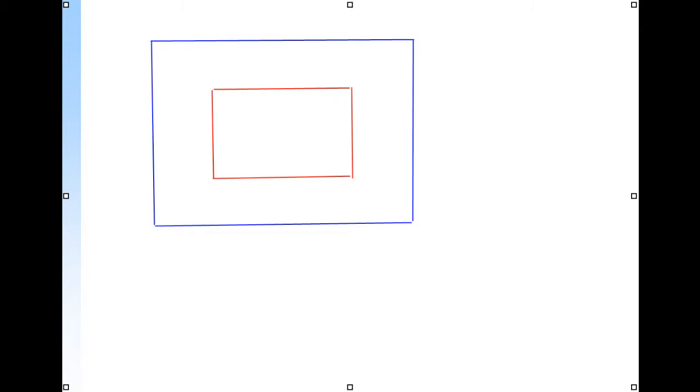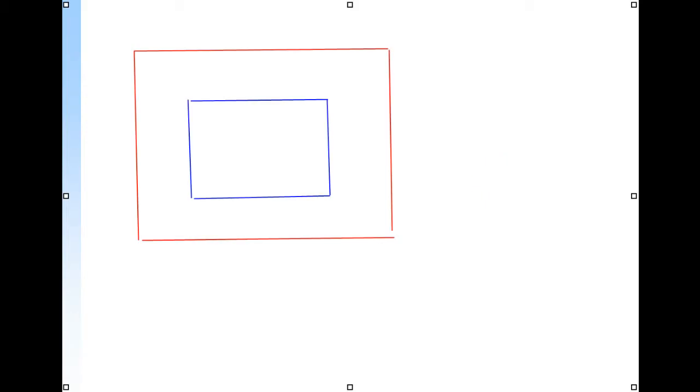So there is my sketch. So there's the room. The measurements up here, this is 13 feet, and this is 10 feet.